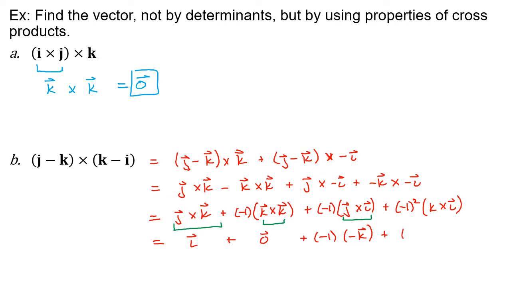Negative 1 squared is just 1, j. So all of that to say we end up with an i, we end up with a j, I'm putting them in alphabetical order now, and I end up with a k. So it's just i, j, and k, all added together. Isn't that crazy? But all you're doing is a lot of distributing. You've got to make sure you keep all your negatives and such straight, and then they all should turn into things that are off that chart.